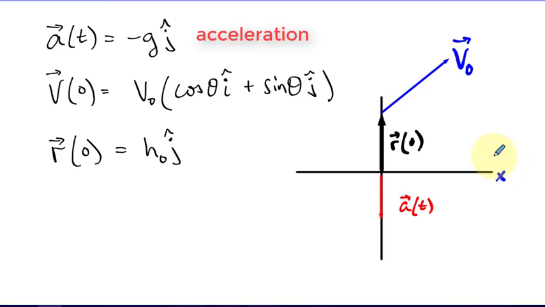So this is the x-axis. Then I have negative g times the unit vector j as this acceleration vector. Now notice that it doesn't have any factor of t in here. This acceleration does not change over time. It is a constant acceleration due to gravity.